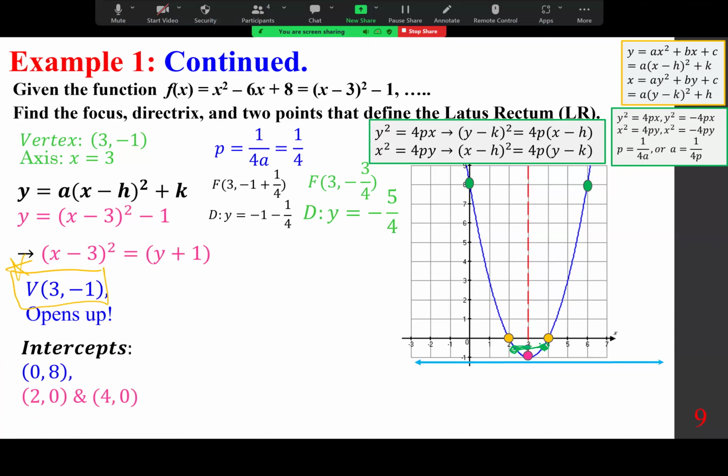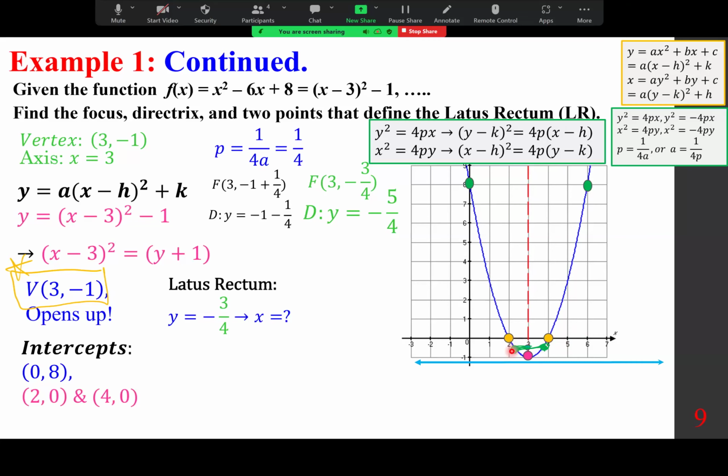We want those points. So y equals -3/4. If you look at this point and this point, look at where the focus is, draw a line parallel to the directrix, or perpendicular to the axis of symmetry, where it crosses the parabola. Those are the 2 points we are looking for.